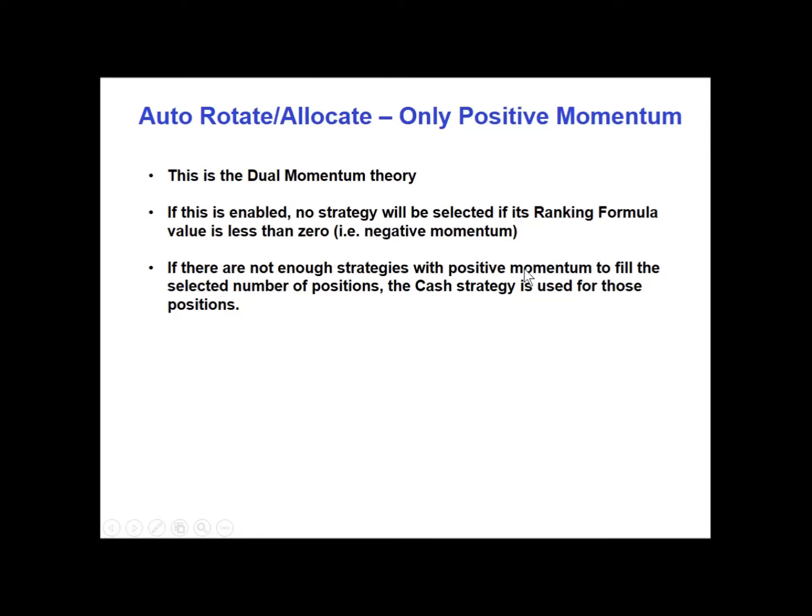If this is enabled, no strategy will be selected for a position if its rank formula value is less than 0. And again, as I said, if there are not enough strategies to fill the selected number of positions, then the cash strategy is used for those positions.